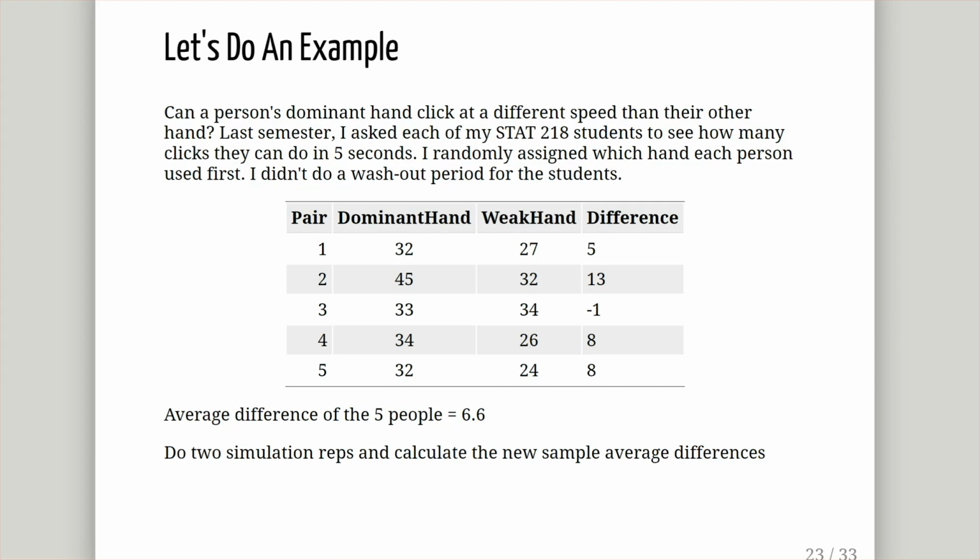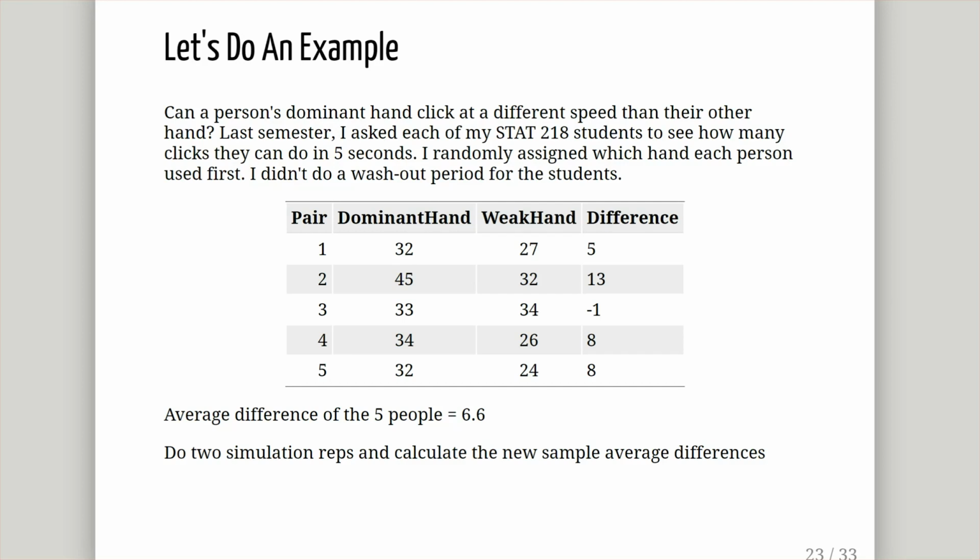And these data in this table right here are 5 of my students. Student number 1 had 32 clicks in 5 seconds with their dominant hand and 27 clicks with their weak hand. So if I found the difference for student 1, it'd be 32 minus 27.